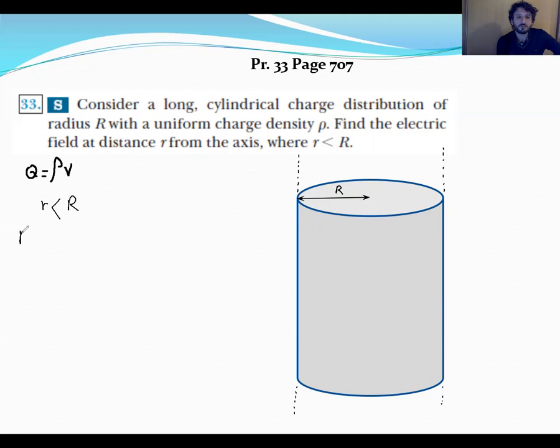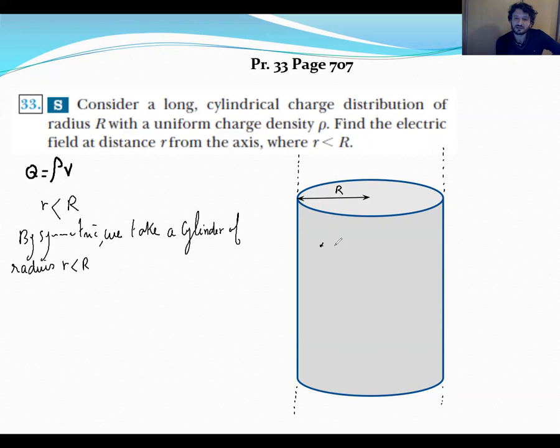Here, by symmetry, we take a cylinder of radius small r, which is less than the capital R, because we need to calculate inside, as our Gaussian surface.